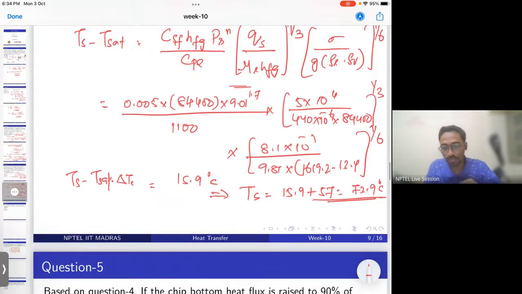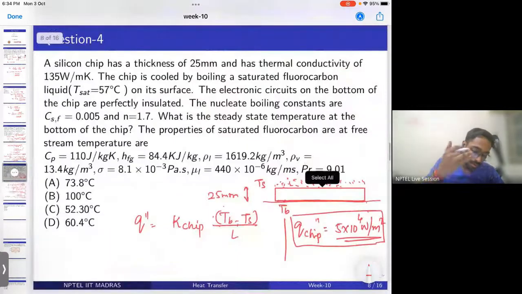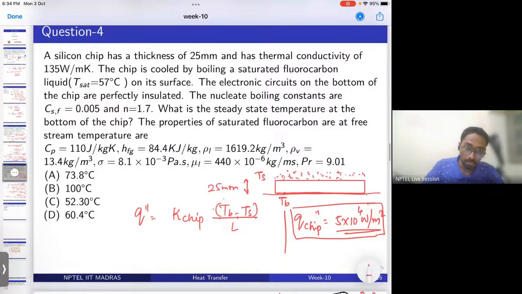This is the surface temperature of the chip. We are asked to find the steady state temperature at the bottom of the chip.